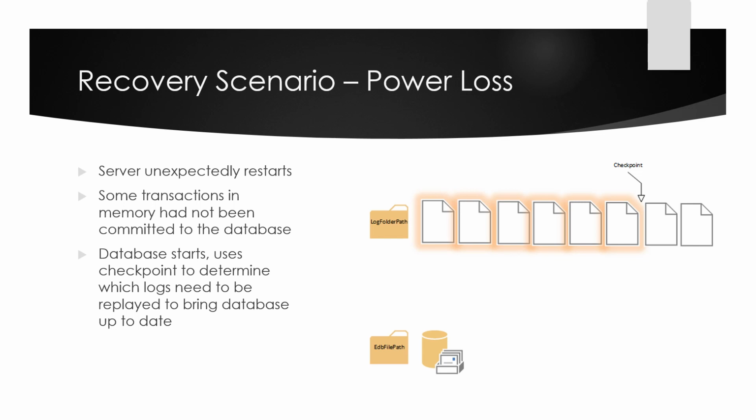And because the database, when it's starting up, is able to tell from the checkpoint which logs contain transactions that have already been committed to the database and which logs don't, it is able to replay those necessary logs into the database and bring it up to date with the information that was lost from memory when the server shut down before it could be flushed into the database. So put simply, if the server has an unexpected restart, the database should be able to recover with no data loss.